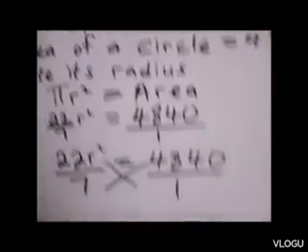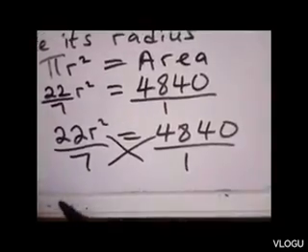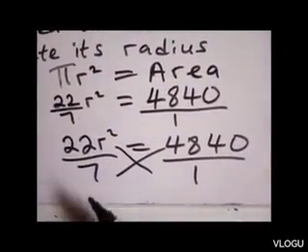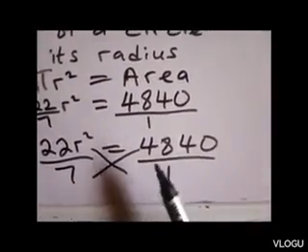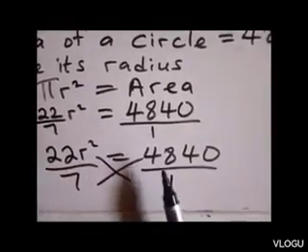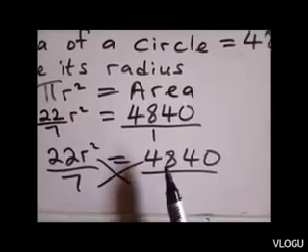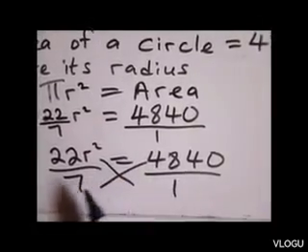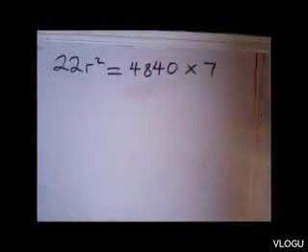Let me come back to this. 22 r squared over 7 equals 4840. So if I cross multiply it, I will have 22 r squared equals 4,840 multiplied by 7. And that is what we have here.